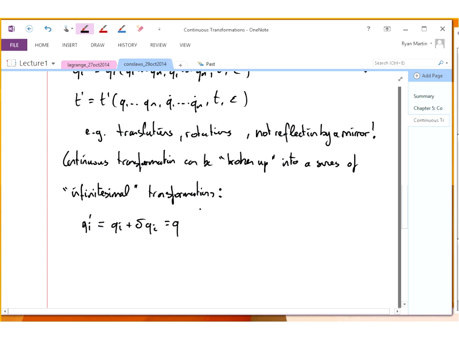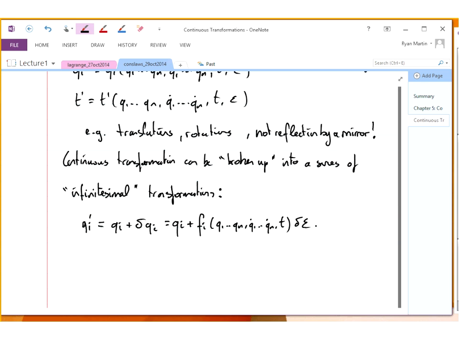The delta Qi I'm going to write as a function Fi of the coordinates, Q1 to Qn, Q1 dot to Qn dot, and T without epsilon, and I'm going to multiply that by delta epsilon.